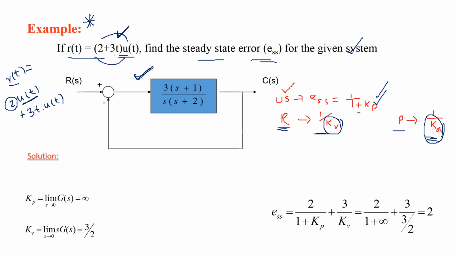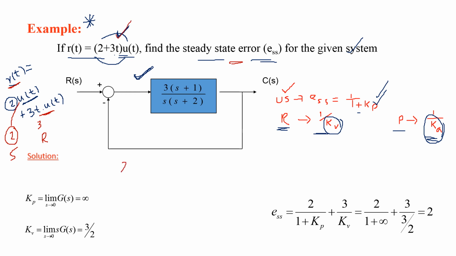So the given input R of t is a combination of a step input having magnitude 2, and t into u of t is the ramp, here having magnitude 3. So the given input is a combination of a step signal as well as a ramp signal, so the steady state error is due to these two signals.